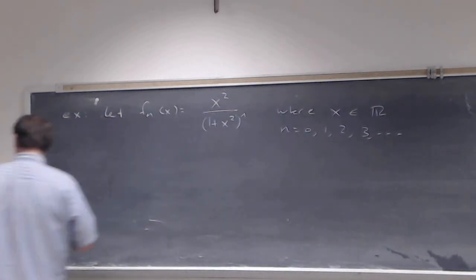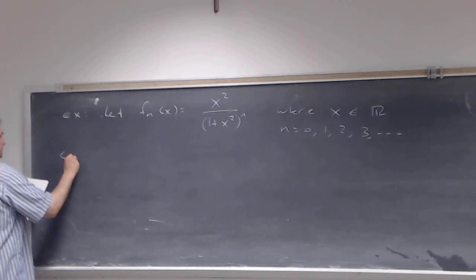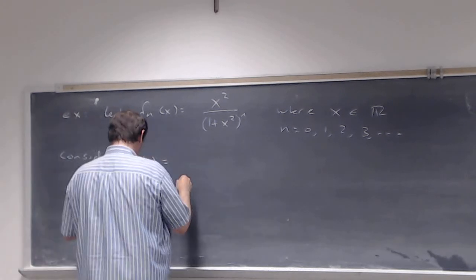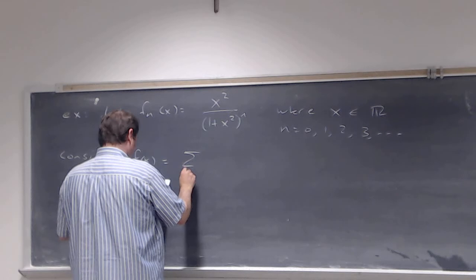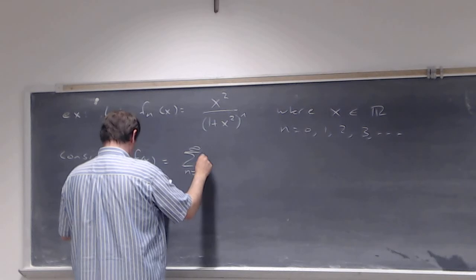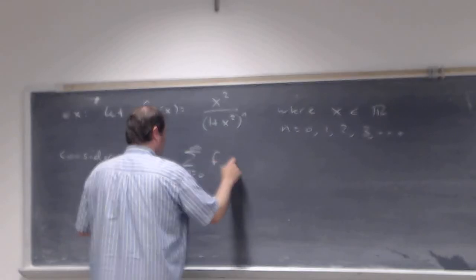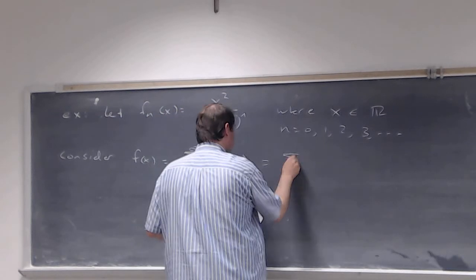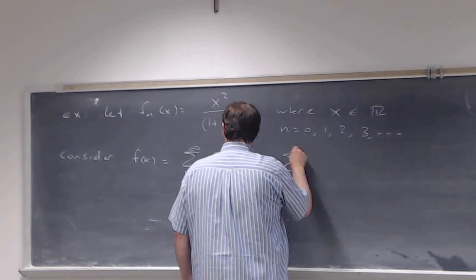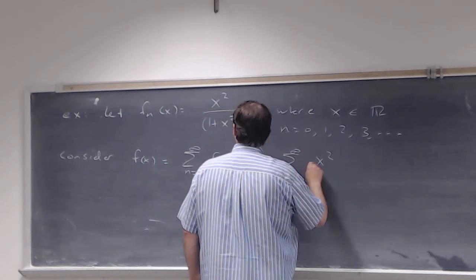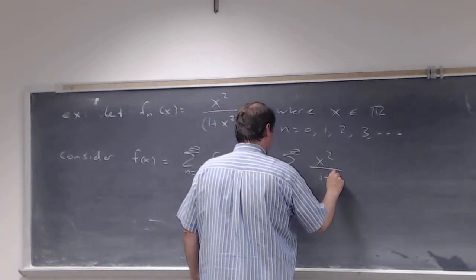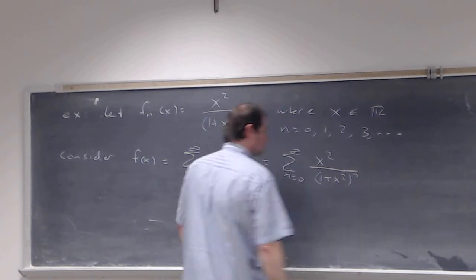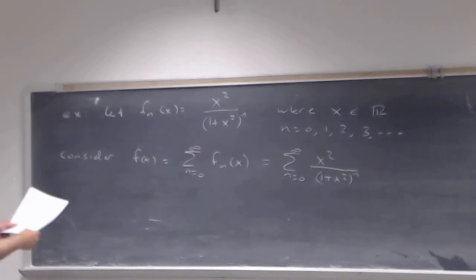We're looking at that sequence of functions, and we consider f of x equaling the sum as n runs from 0 to infinity of f sub n of x, which is equal to the sum as n runs from 0 to infinity of x squared over 1 plus x squared raised to the n. We're looking at that sum.